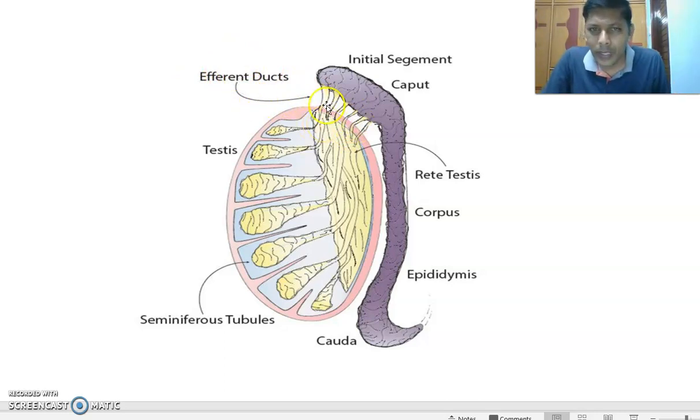What would happen if the vasa efferentia are blocked? If the vasa efferentia are blocked, sperms do not enter from the rete testis into the caput epididymis.